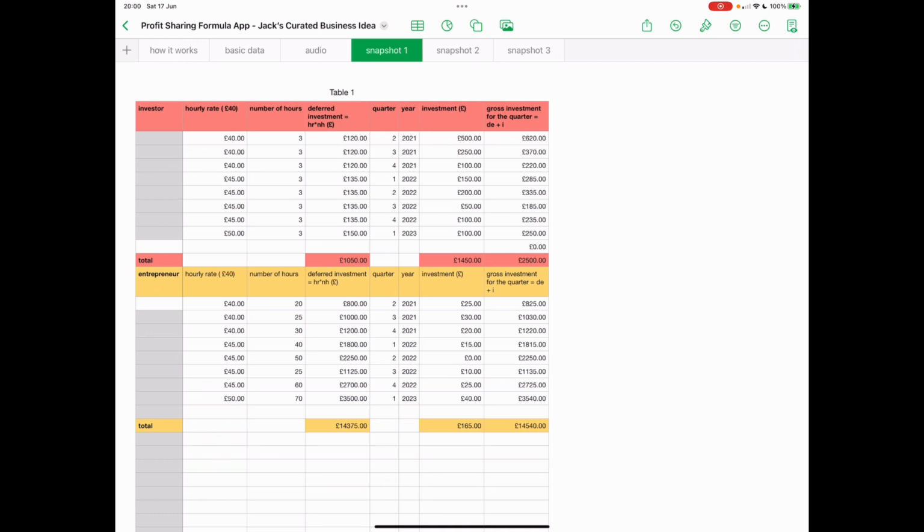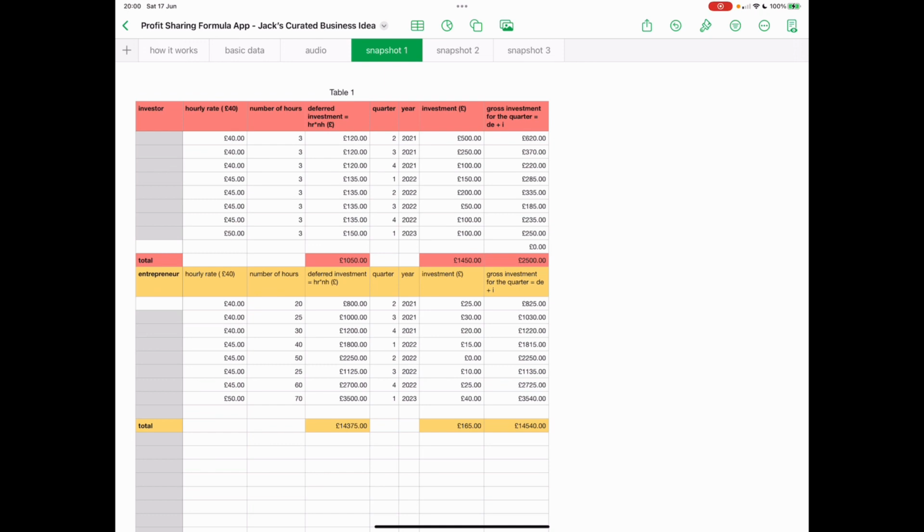So for the second quarter of year 2021, his deferred investment was about £120, which is three hours times £40. So that's £120. That's the same for quarter 2, quarter 3 and quarter 4 of year 2021.